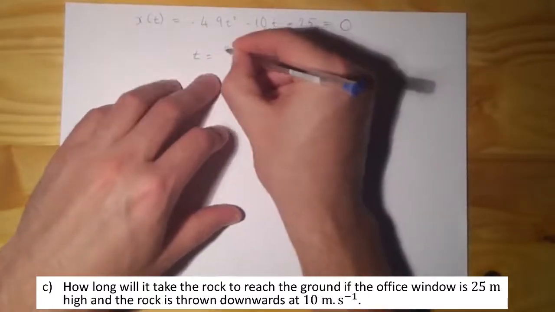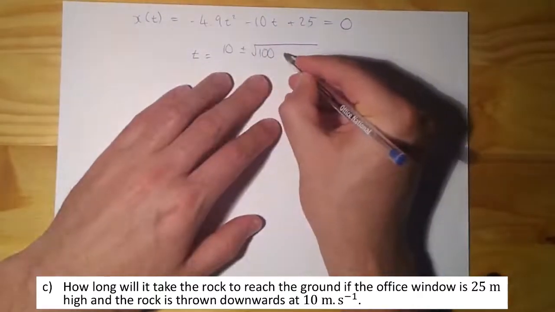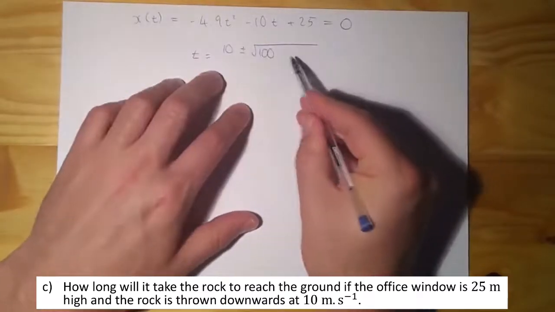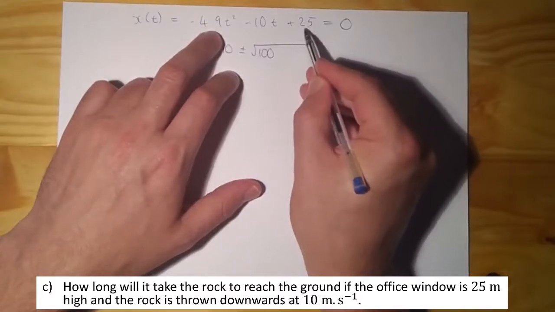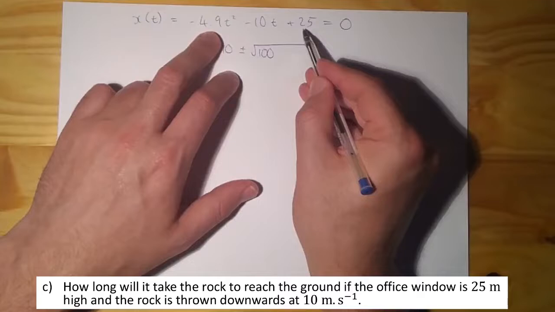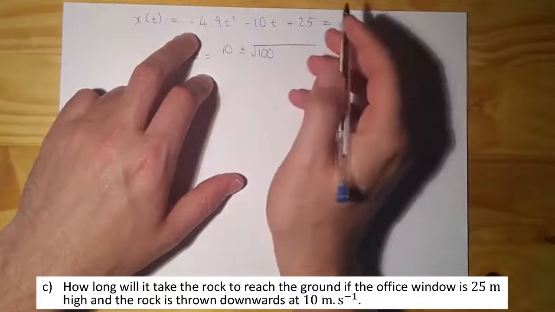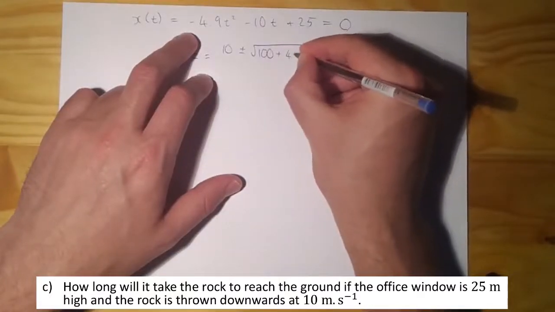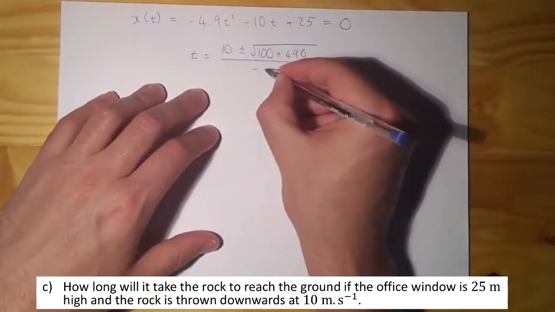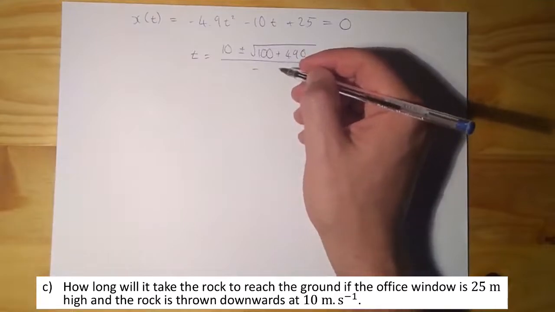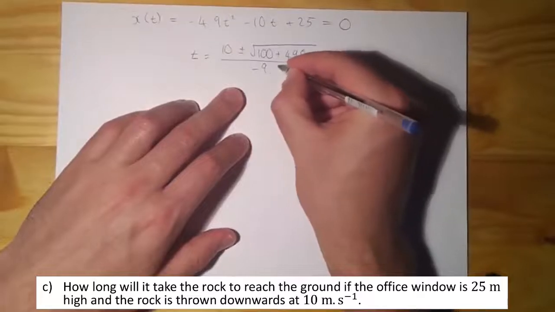So t is equal to minus b, so it's 10, plus or minus the square root of b squared, 100, minus 4ac. 4 times c is 100, so it's minus 100a, and that's 4.9, so this is plus 490, good, over 2a, so minus 9.8.